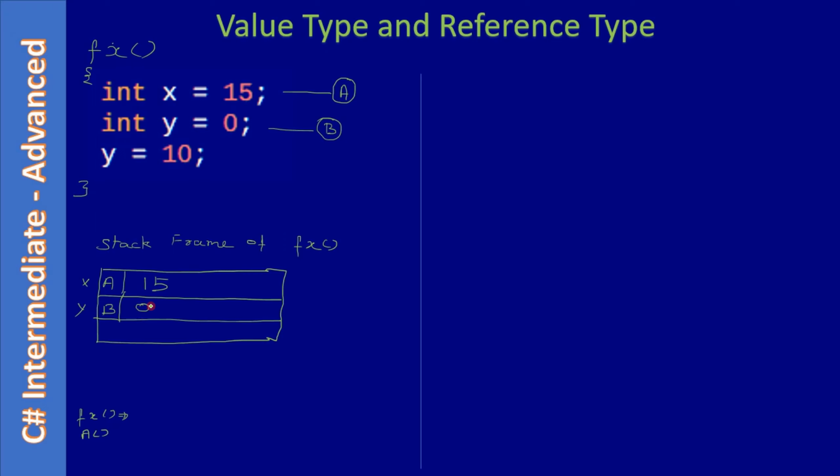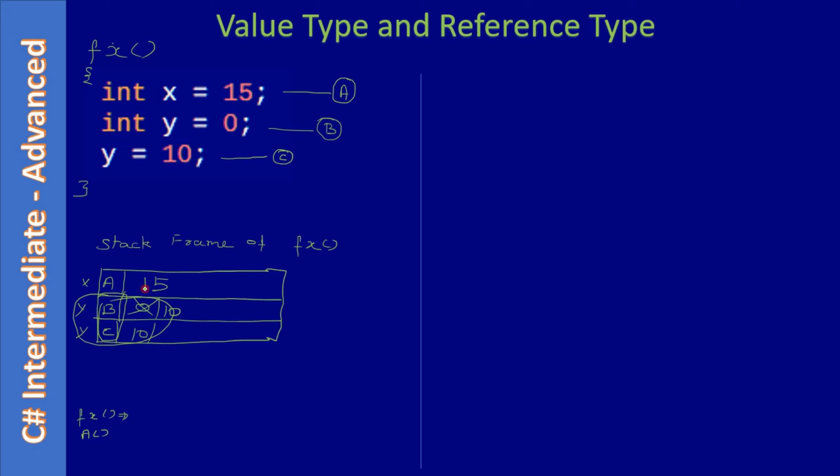So this is the content of the stack frame, and while executing statement c, the variable that gets affected is y, and here we assign a new value to y. That means the location for y now holds 10, and instead of 0 we will have 10.